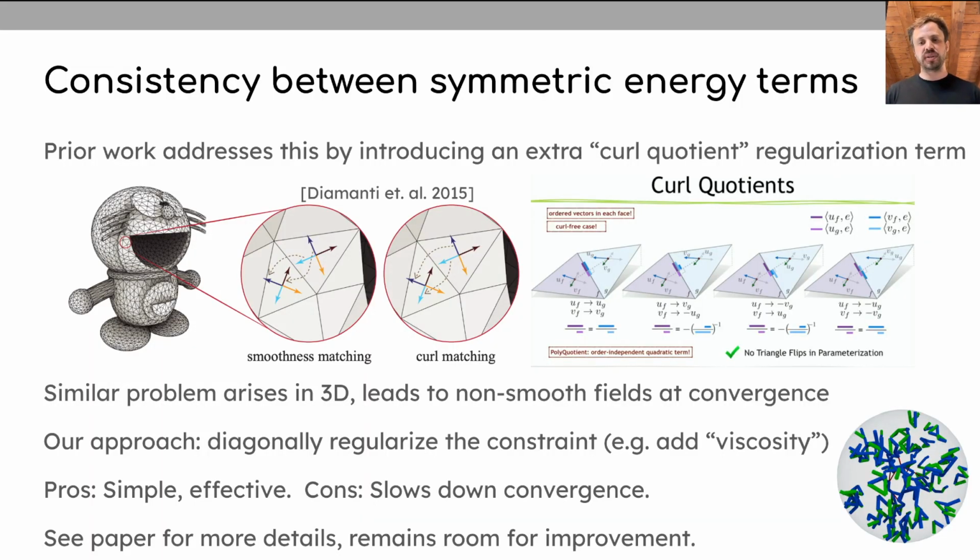There they introduced something called a curl quotient in order to enforce this consistency. In our work, we added a significant amount of numerical viscosity to the constraint in order to deal with this problem. We find that this was a simple and effective remedy, but there's still more research to be done in order to improve this in practice.